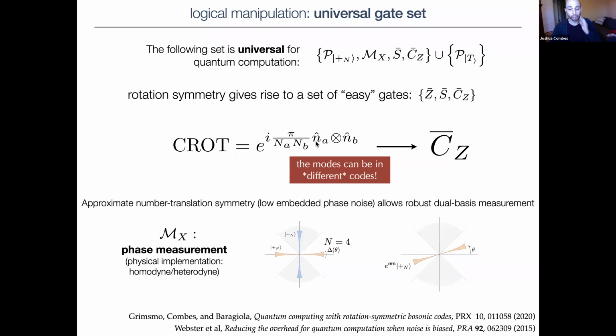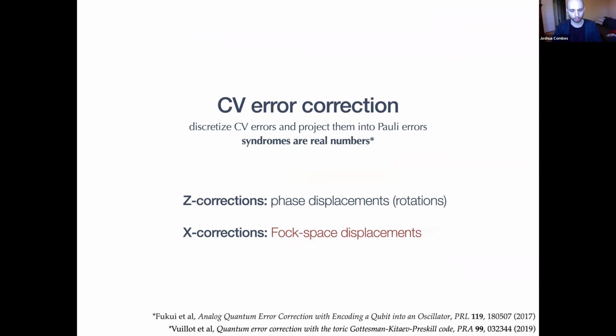So this is pretty cool, and I think it's a great feature of these kinds of codes. And you'll notice in this universal gate set, we don't have an X gate. And so actually a lot of our gates, although they could be implemented with unitaries, we implement via teleportation, but I'll probably skip over that.